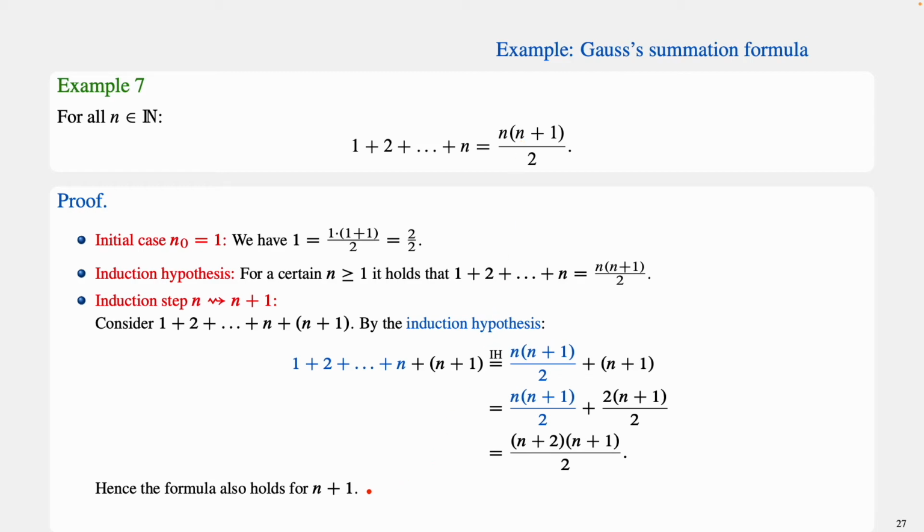So we found that the desired formula also holds for n plus 1. So we've completed the induction step successfully, and now the principle of induction tells us that the formula holds for all n greater or equal our initial value 1. So it holds for all positive natural numbers.